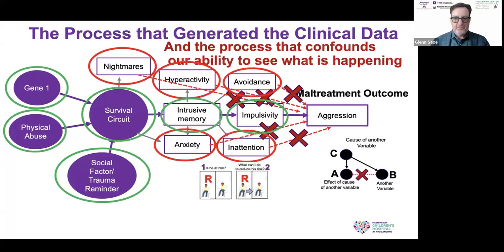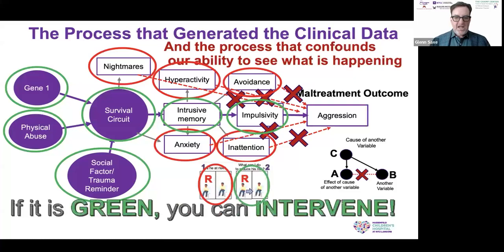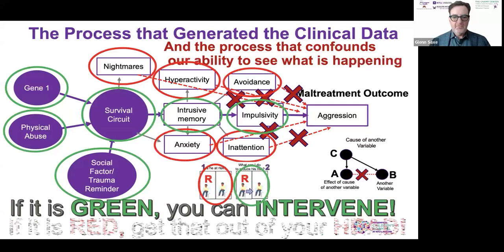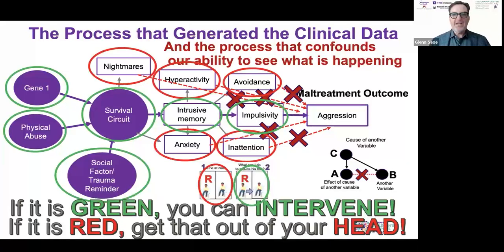And that leads to a rule I want you to burn into your brain forever. If it's green, you can intervene. If it's red, get that out of your head. Everyone with me. If it's green, you can intervene. If it's red, get that out of your head.